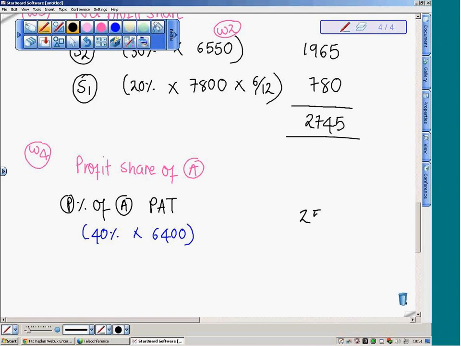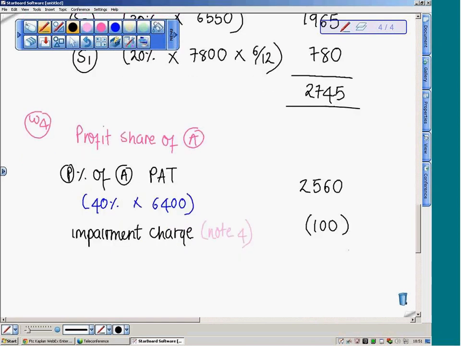Okay. And you end up with 2,560. In addition to that, in note 4, we did read about an impairment. Okay, the impairment charge, which is in note 4. Okay, so in your exam, you don't really need to reference notes, but seeing as this is just a tutorial exercise, I'm showing you for completeness where the numbers are coming from. Okay, and that's going to give us the 2,460.